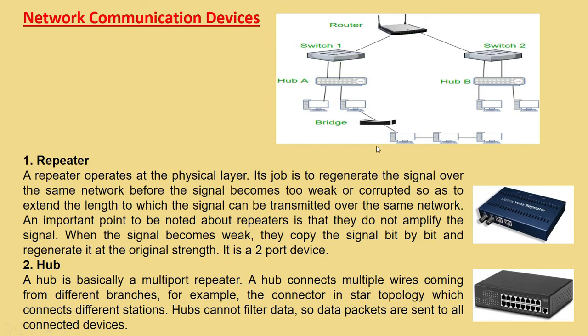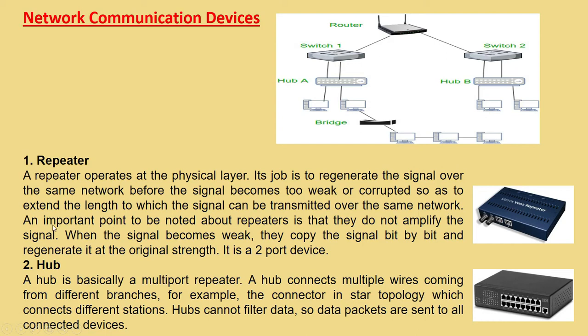Now see, repeater means what? A repeater operates at the physical layer. Its job is to regenerate the signal over the same network before the signal becomes too weak or corrupted, so as to extend the length to which the signal can be transmitted over the same network.